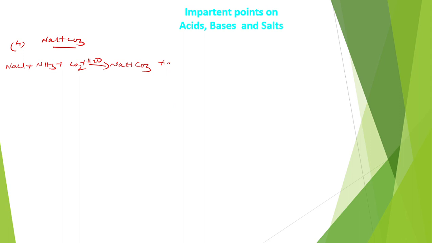So you will get ammonium chloride. Okay. So where we are using this? It is used in making baking powder, and it is used as an antacid. So they may ask these questions.